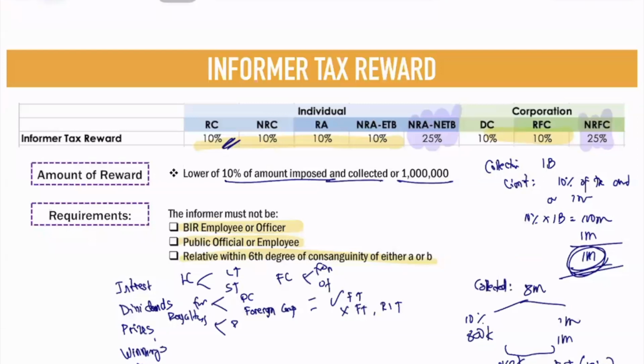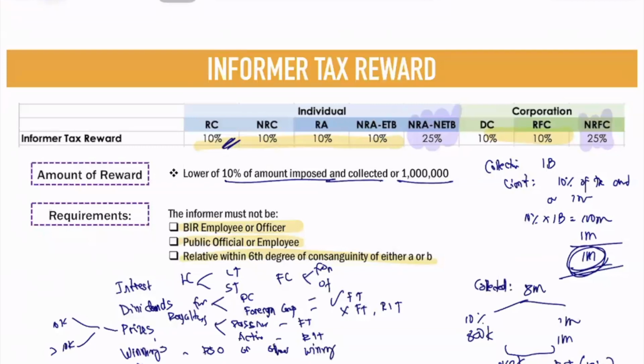For royalties, determine if passive or active. If passive, subject to final tax. Active, subject to regular income tax. For prizes, determine if within the 10K limit or more than the 10K limit. For winnings, determine if it is a PCSO winnings or other winnings.